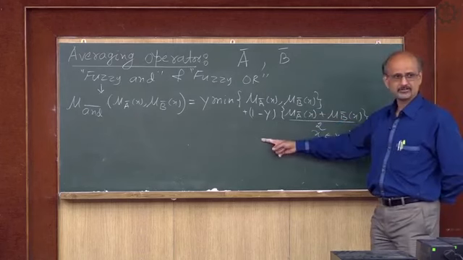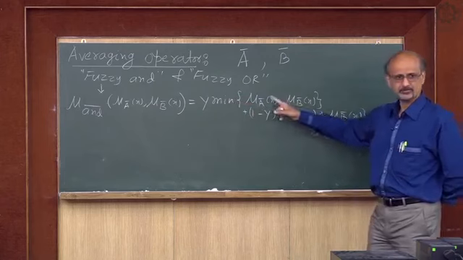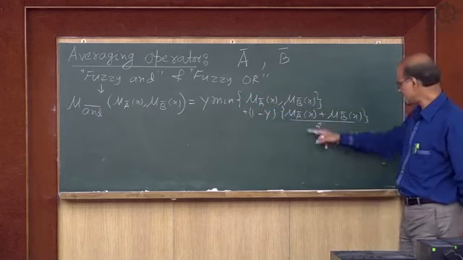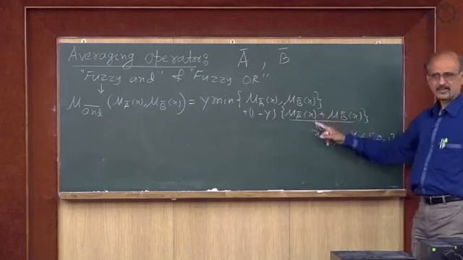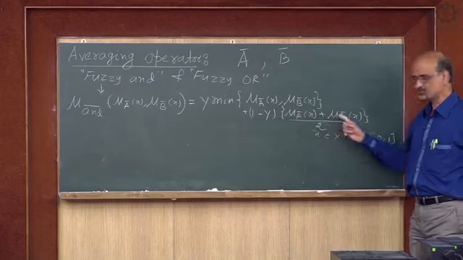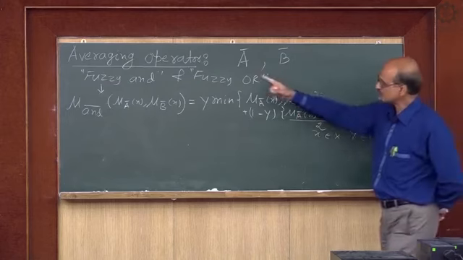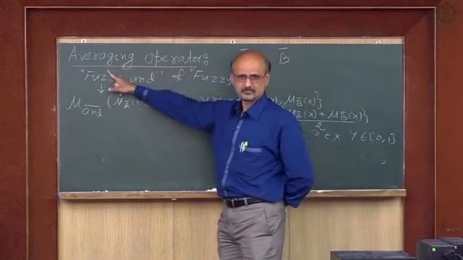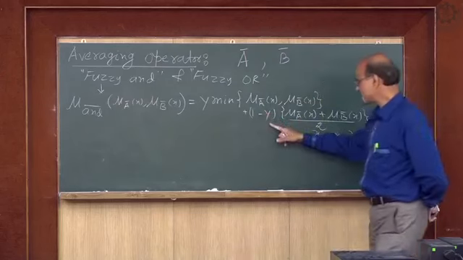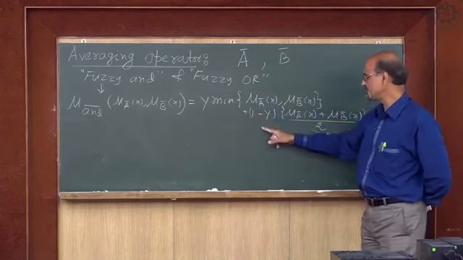If I put gamma equal to 0, this term will not be there, only we will get this term. And what is this? Arithmetic mean between these two membership functions mu A bar x and mu B bar x. So that is why it is called averaging. The name comes from there. For gamma equal to 0, it gives the arithmetic mean, and gamma equal to 1, it gives what?